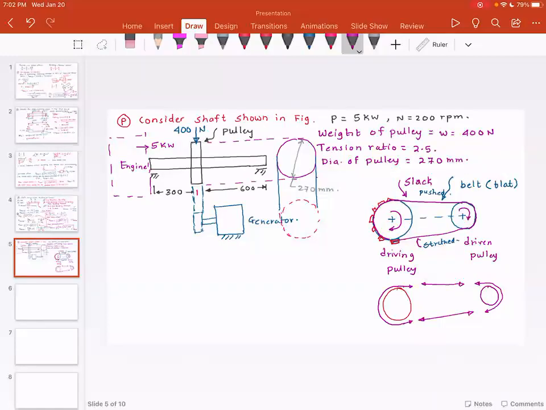You're going to have different tensions, T1 and T2, on the two sides of the belt. These are two different tensions, and that is called the tension ratio. T1 is also called the tight side tension, and T2 is called slack side tension.